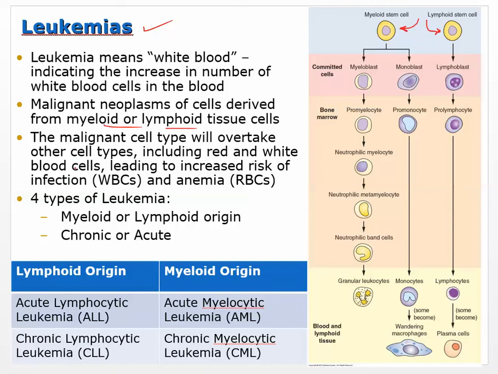So the malignant cell type will overtake other cell types, including red and white blood cells, leading to increased risk of infection and anemia. So that means that just because you have a leukemia that involves one particular cell type, the other cell types are also affected. Okay? So if you have something that's affecting specifically B cells, that a lot of times won't matter.